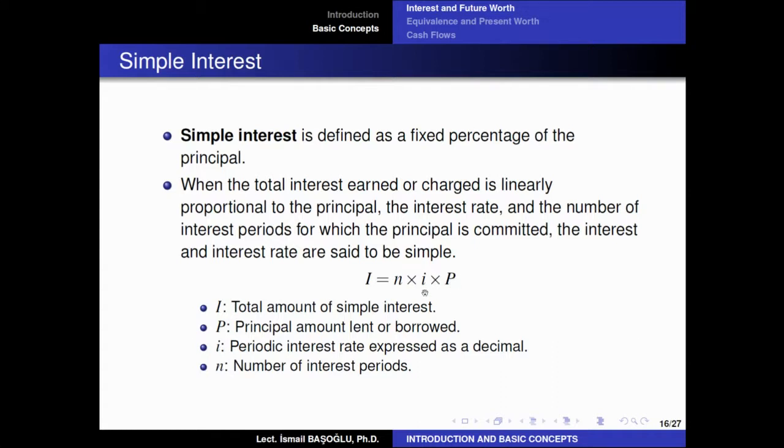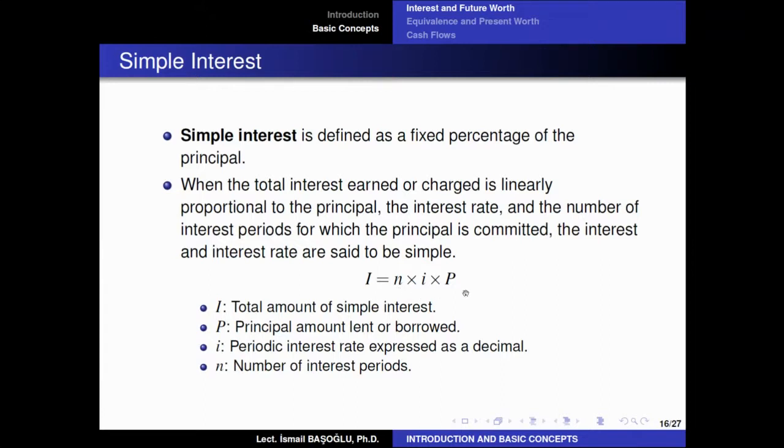I here is the periodic interest rate, which is expressed as decimal. Remember now, we are always using the decimal interest rates in our calculations, not the percentage rates. And the decimal interest rates are simply obtained by dividing the percentage interest rate by 100. And N here is the number of interest periods for which the principal is going to be borrowed.